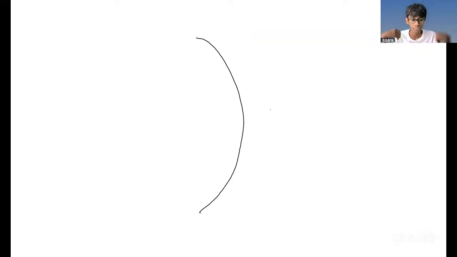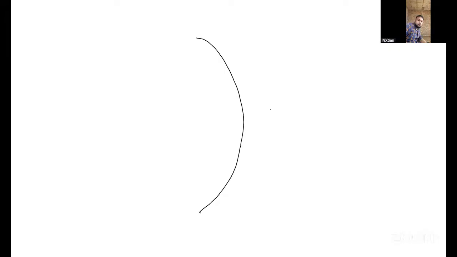So we were doing spherical mirrors and we learned about concave and convex. Now I will ask this question from everyone. Which mirror is this? Is it concave or convex? Sir, it's convex because it's outward. Okay.